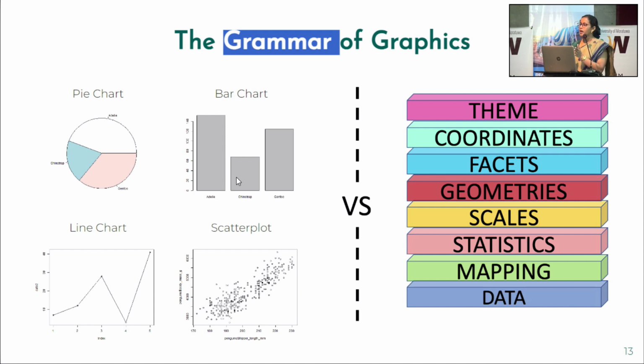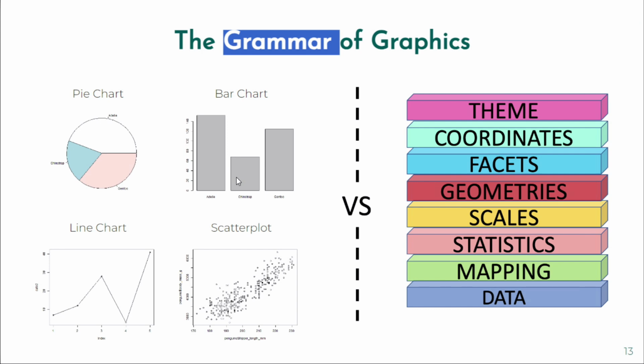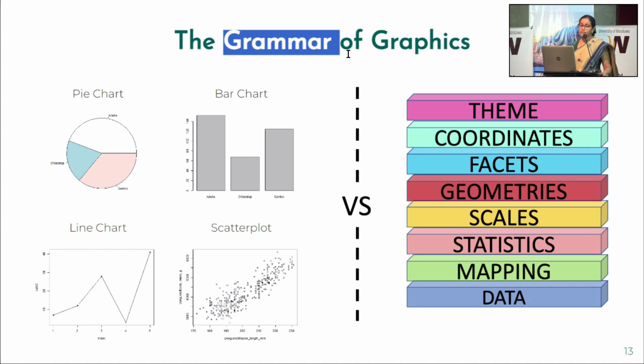So that's what we are trying to do with ggplot2. With base R, you have different plot functions with different names, so you have to remember all these different function names. But if you move to ggplot, you are not trying to remember the names of the functions. You try to understand the anatomy of a graph.